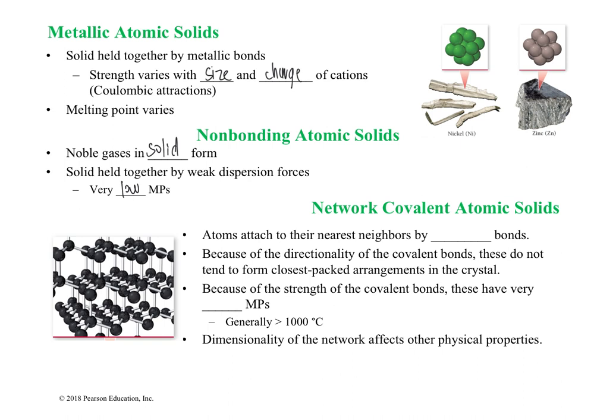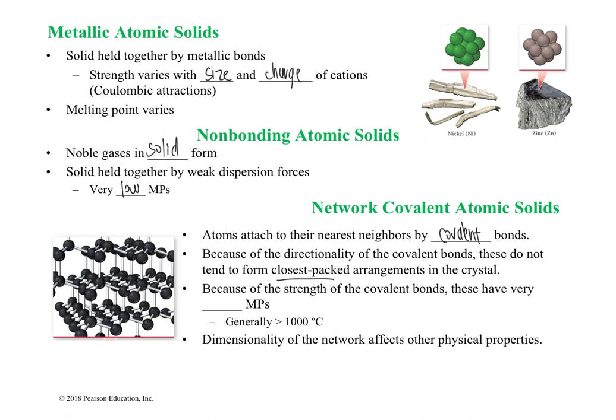And then network covalent solids are attached by covalent bonds, and so they happen to be very strong because of the sharing of electrons. They don't form a closed pack arrangement in the crystal because those bonds are specific, right? It's not going to be like an ionic compound where they're just placed by differing charge.